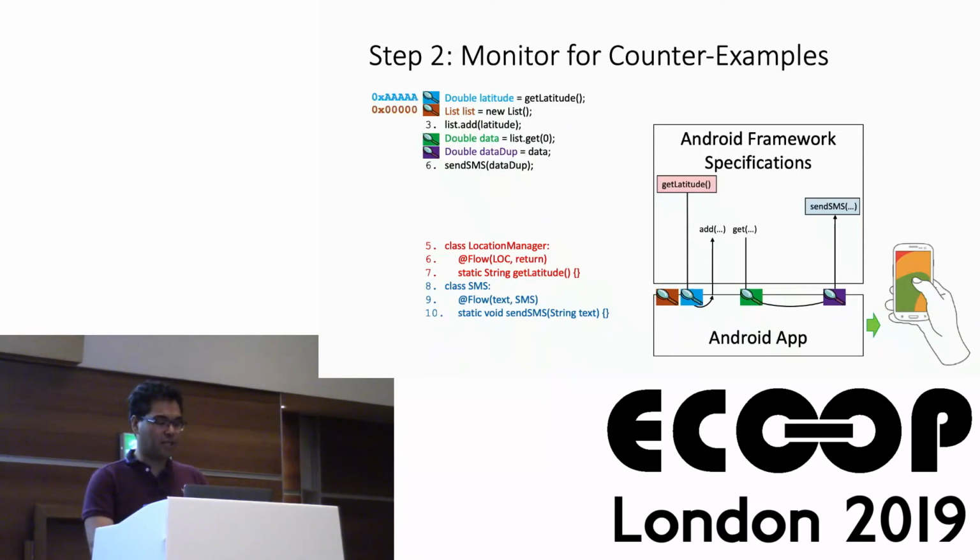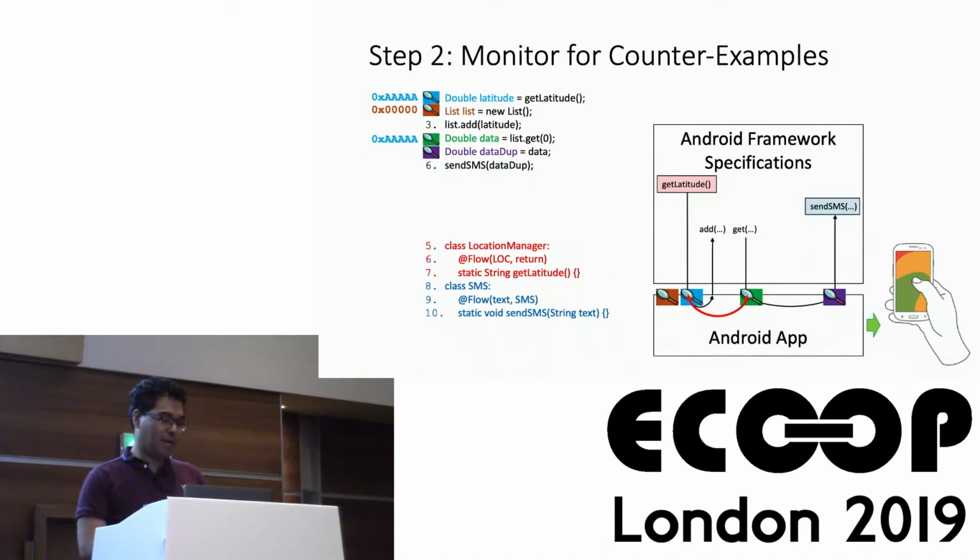If you start executing this program, the instrumentation is going to record the reference value at each program statement. And we can use this to reconstruct the dynamic points-to graph. As soon as line 4 of the program is executed, the instrumentation is going to notice that the data variable and the latitude variable are aliased because they're equal references.